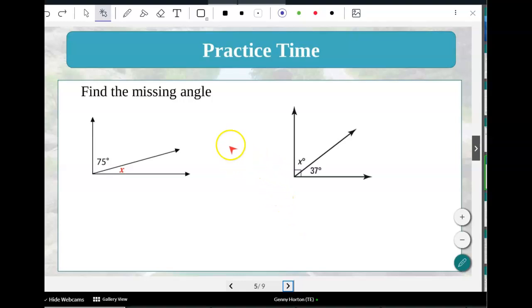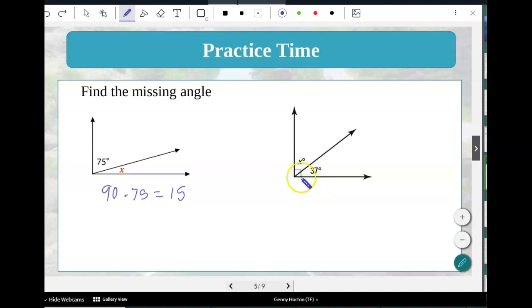All right, let's find the missing angle. Practice time. So if you've got a right angle, here's that corner, they're going to add up to 90 degrees. So to find the missing angle, you simply do 90 minus 75. So x is equal to 15. Use your calculator if you need to.